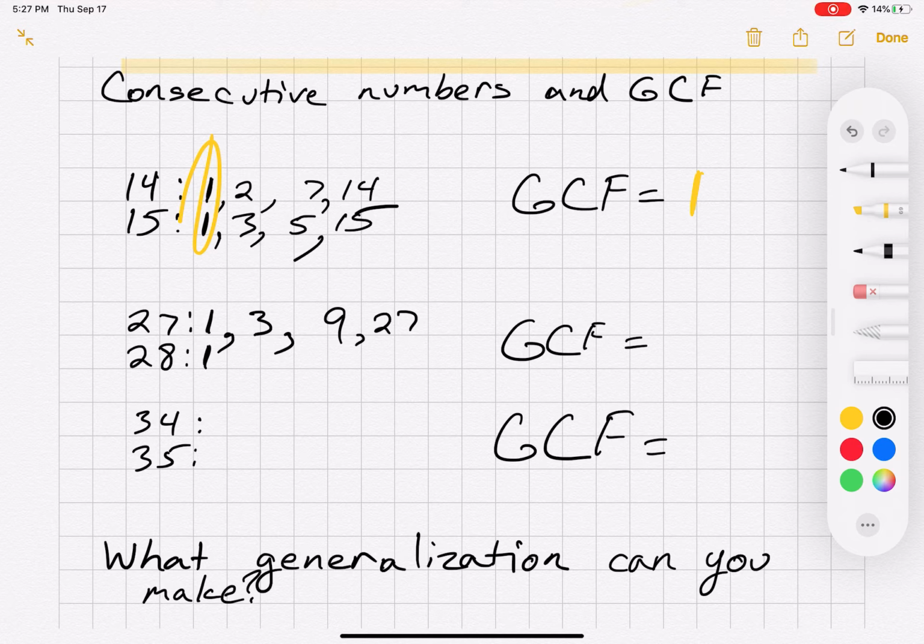And 28, okay, 2, that's 14, 3 doesn't work, 4 works, and that is 7. 5 doesn't work, 6 doesn't work, so we're done there. So if I'm looking at this, you'll notice that there's no factors that match but 1.